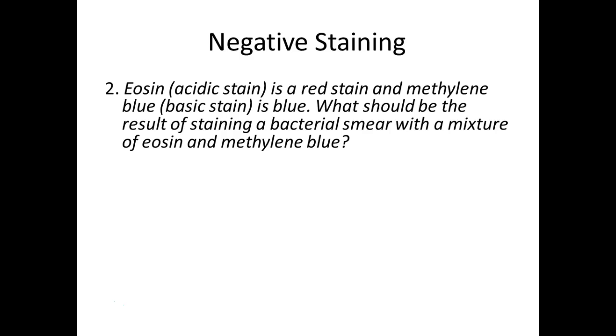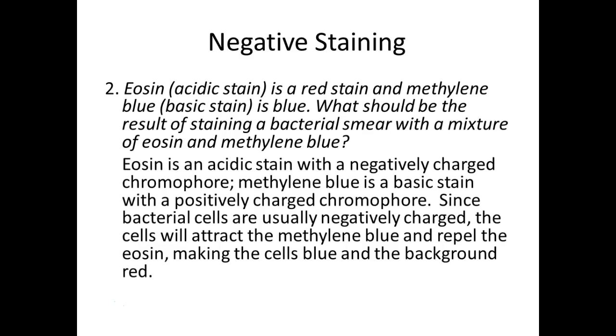So what's it going to stain? The cell. So what are we going to end up with? A blue cell with a red background, potentially. Remember, red and blue make purple, but you wouldn't necessarily end up with purple because of the different charges. They would stain different areas on that slide.